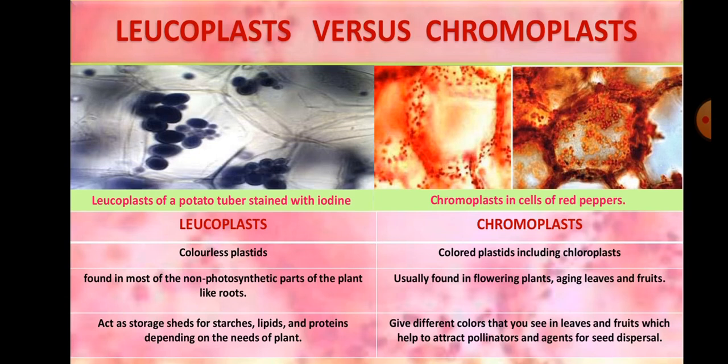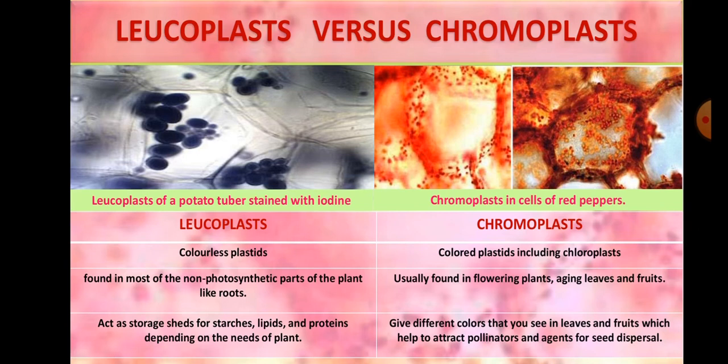So what you see in the cells inside is actually starch granules colored blue-black inside a leucoplast. While the other picture, which appears to be reddish, is of a chromoplast in red chili peppers.